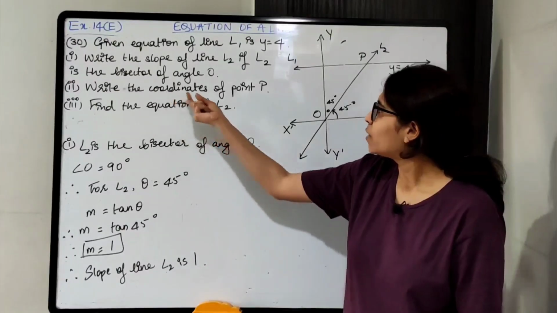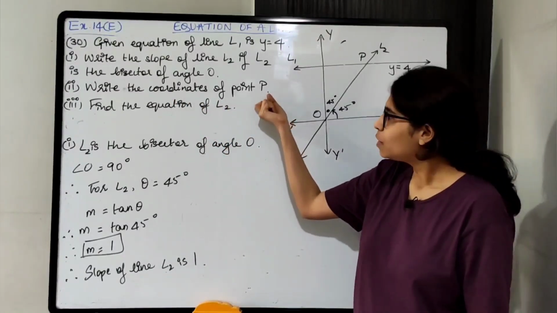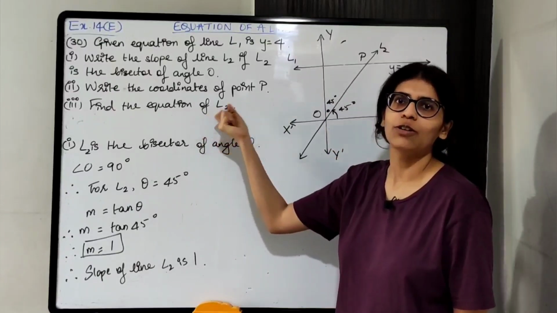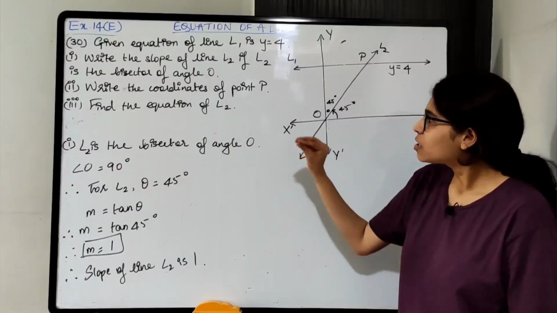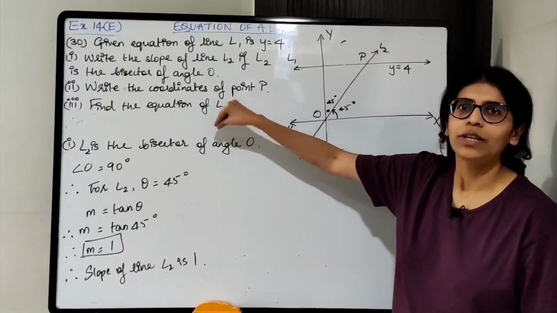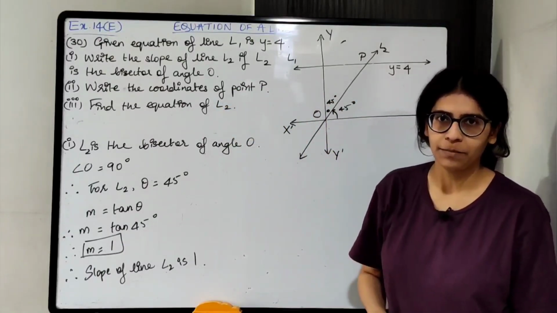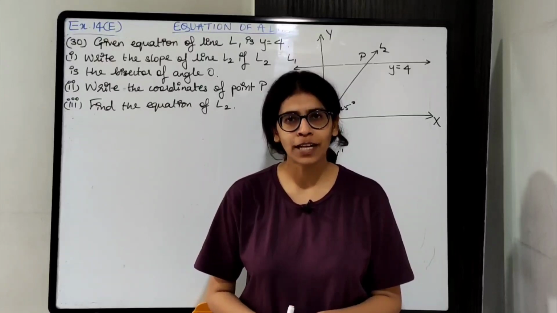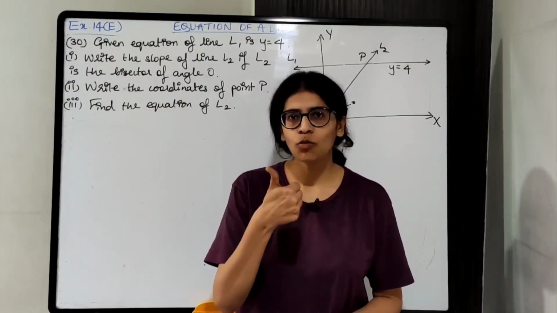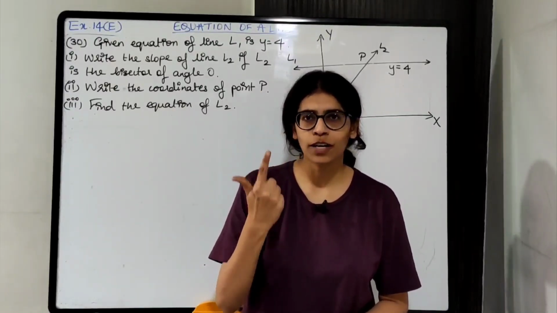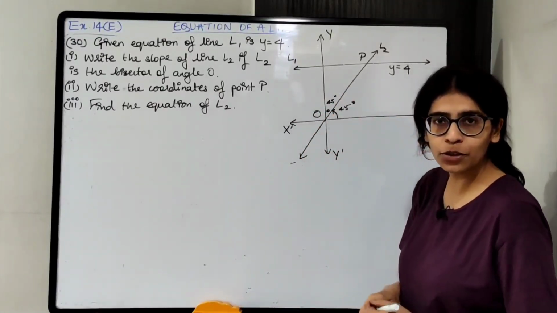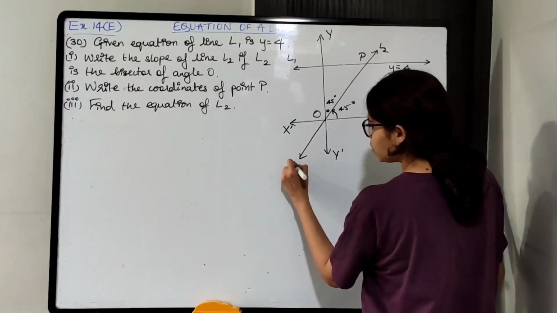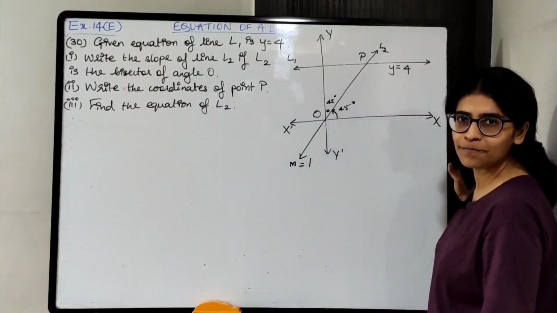Now we need to find the coordinates of point P, for which we need to find the equation of L2, because this is the point where L2 and L1 meet. Okay, so first we'll find the equation of L2 and then we'll find the coordinates of P. To find the equation of line L2, we need the slope of the line and the coordinates of one point which is lying on the line. So we just found the slope of L2, it is 1, right?